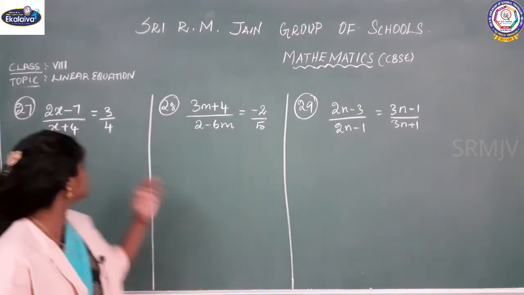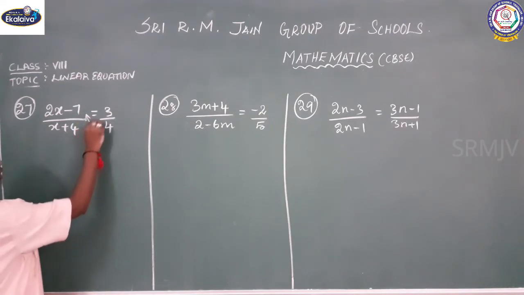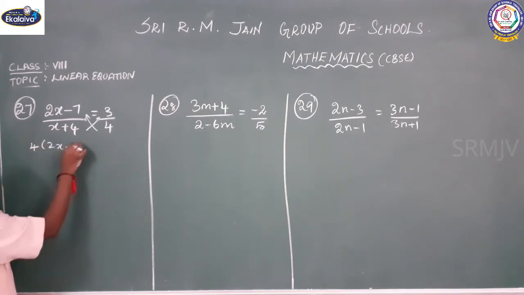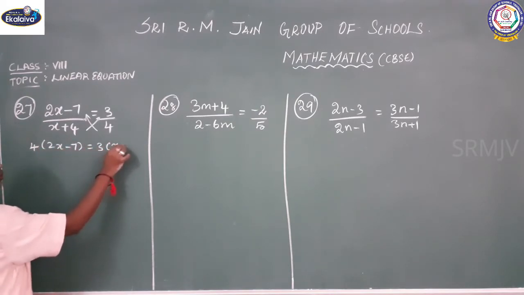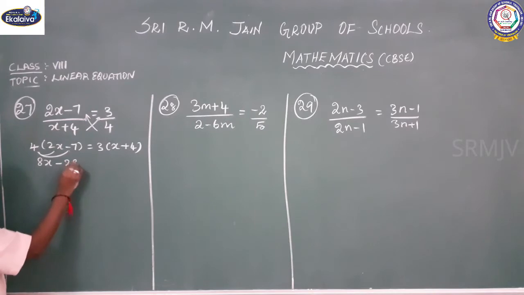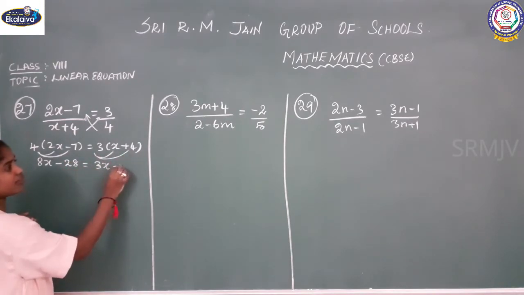Let us see the 27th sum now. 2x minus 7 by x plus 4 is equal to 3 by 4. I am going to cross multiply. Now I will get 4 into 2x minus 7 is equal to 3 into x plus 4. 4 into 2x, 8x. 4 into minus 7, minus 28. 3 into x, 3x. 3 into 4, 12.